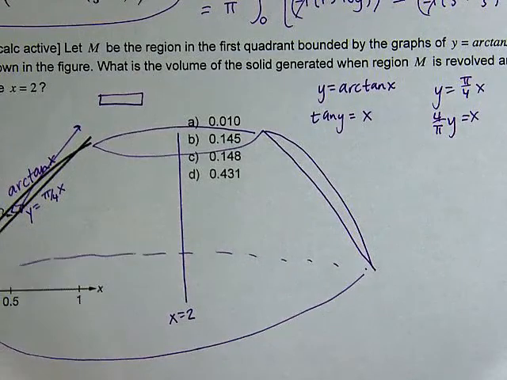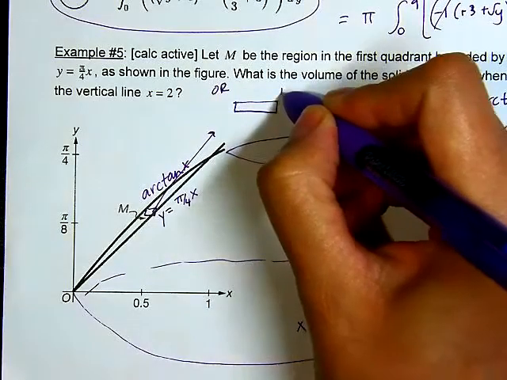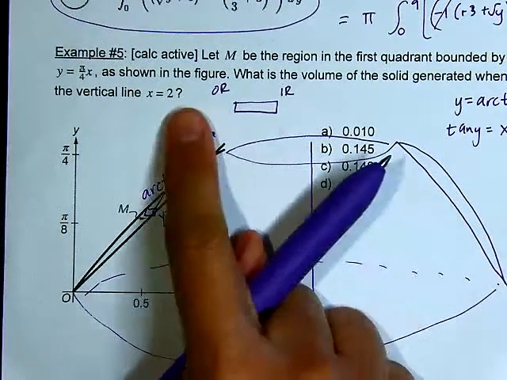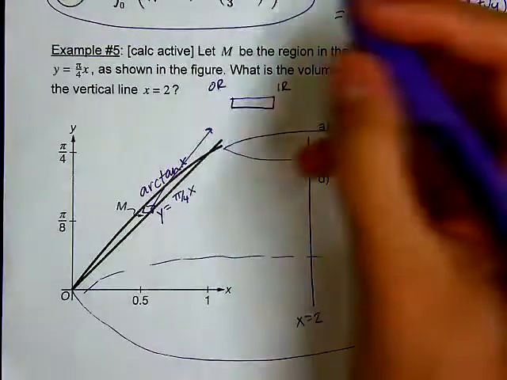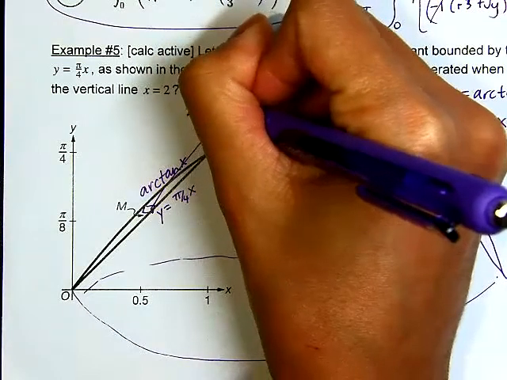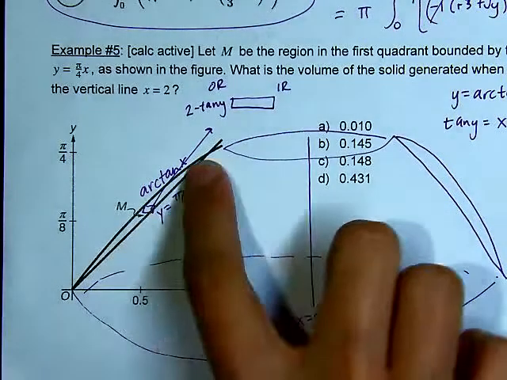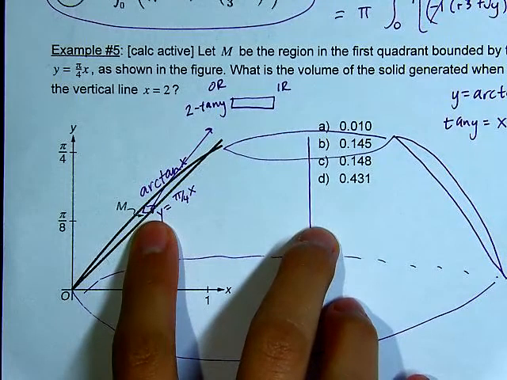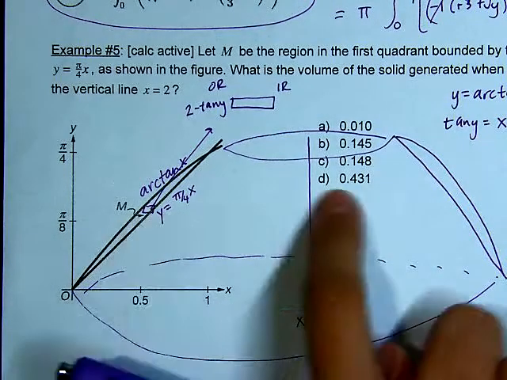So our outside radius, here's the OR, the inside radius, IR. Outside radius, you need to take 2, go all the way to arctangent, well now tangent. And then to get just this small sliver, we need to subtract 2 minus the line.